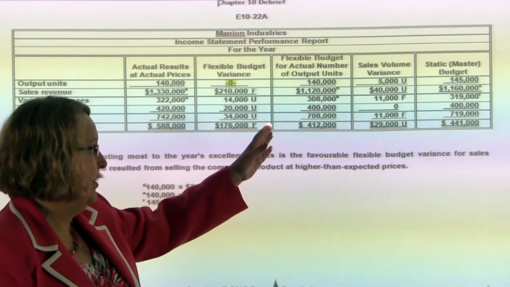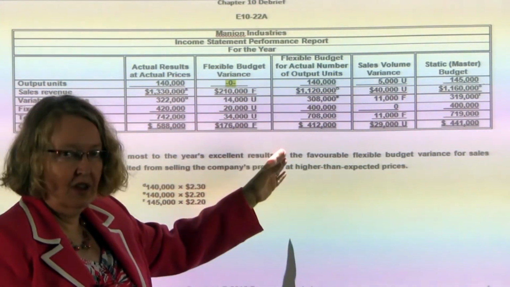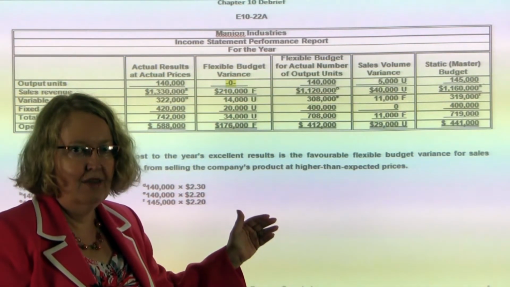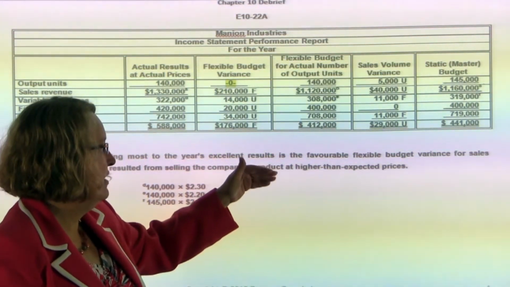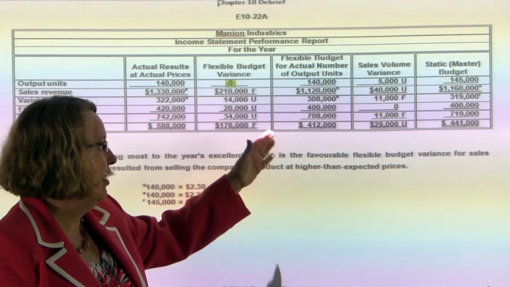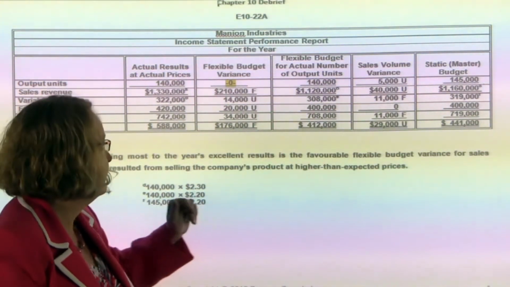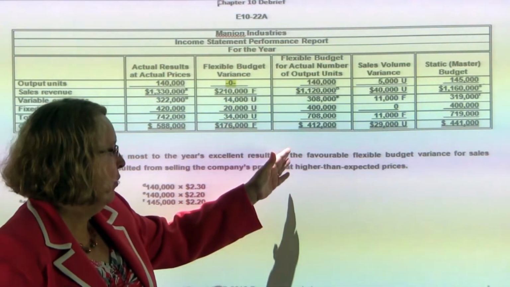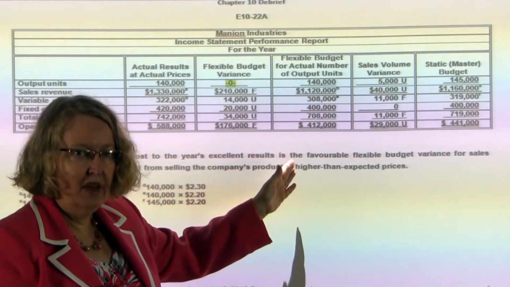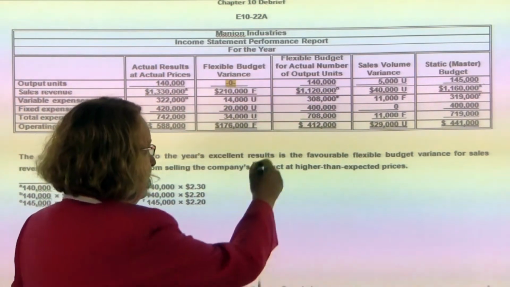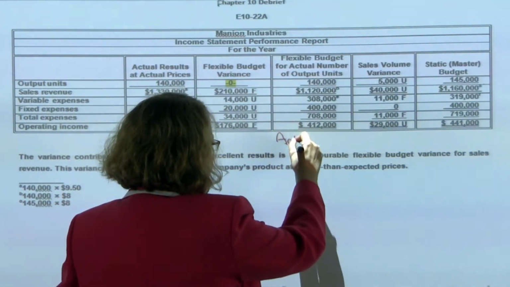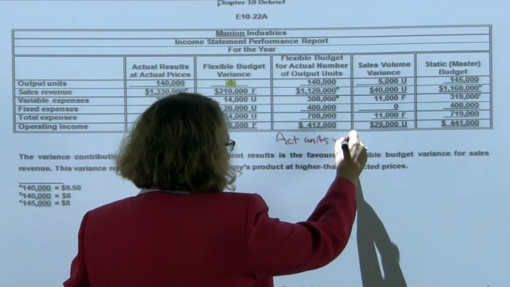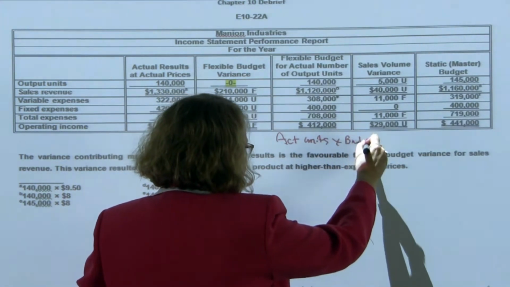I got 140,000. So what should the cost have been at the lower level of activity? What cost and sales level would you expect at 140,000 units? For the flexible budget, you are taking your actual units and multiplying that by the budgeted cost.